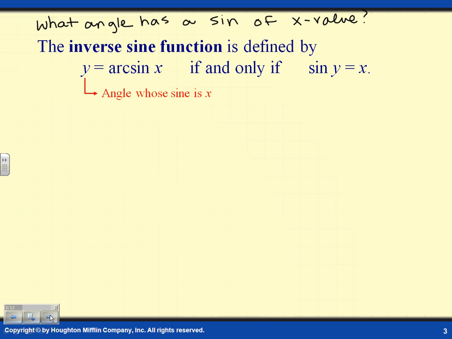Also, arc sine is written exactly the same as sine to the negative 1. Your calculators do not have arc sine on them, but your calculators do have sine to the negative 1, cosine to the negative 1, tangent to the negative 1.